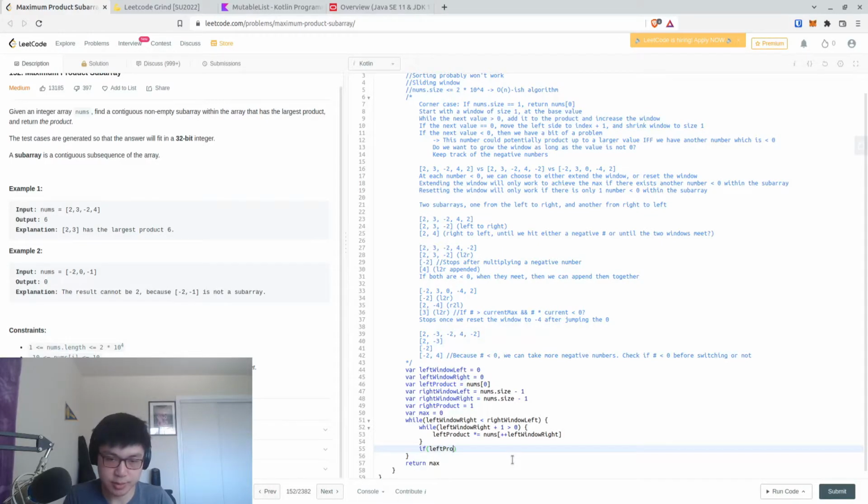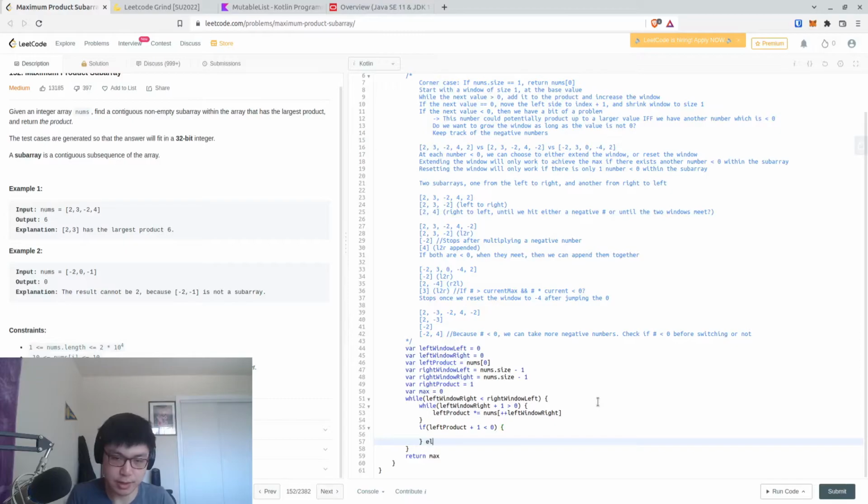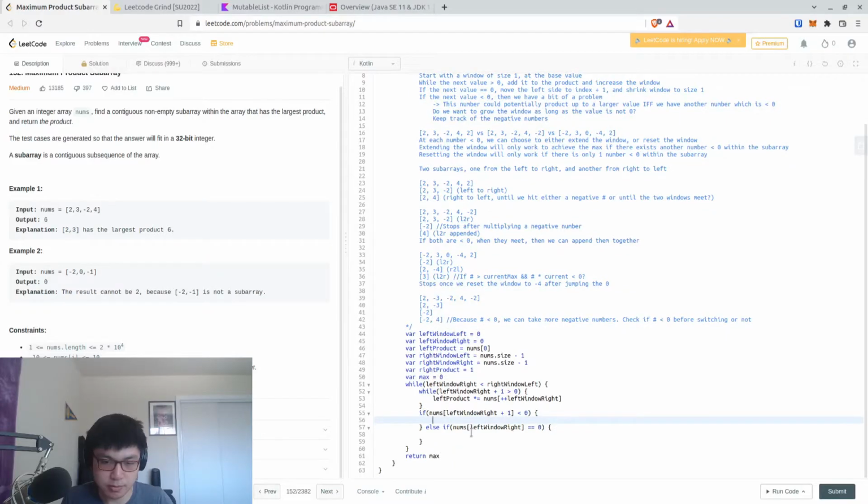If left product plus 1 is less than 0, else if nums at left window right is equal to 0, then we say left window left is equal to left window right plus 1, left window right plus plus, right?